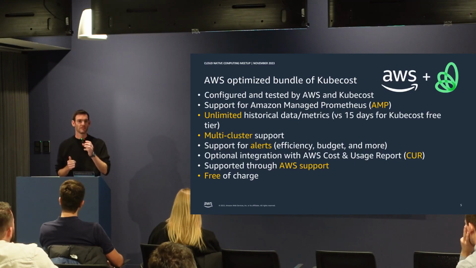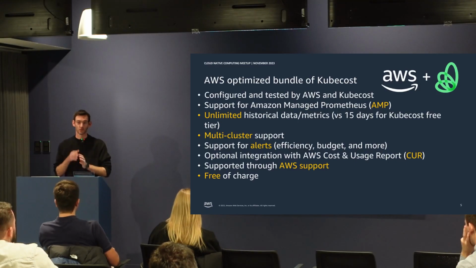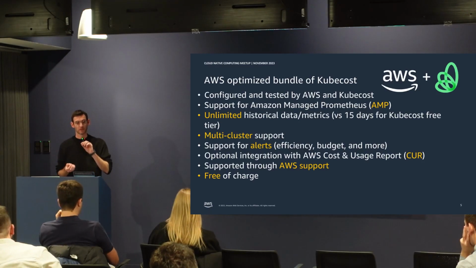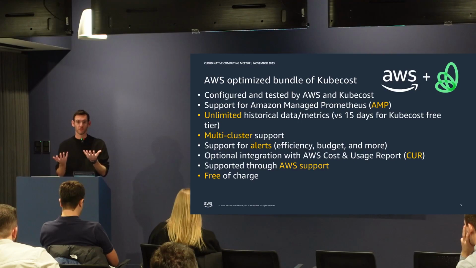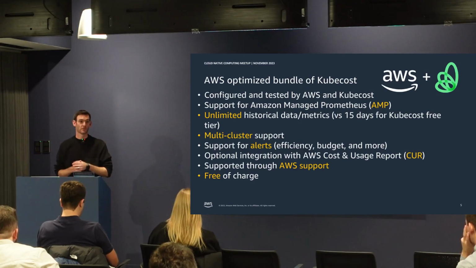This is the detailed view of your cost in AWS. You can configure Kubecost to get those costs and have a unified view of your cost inside the cluster and cost outside of the cluster.